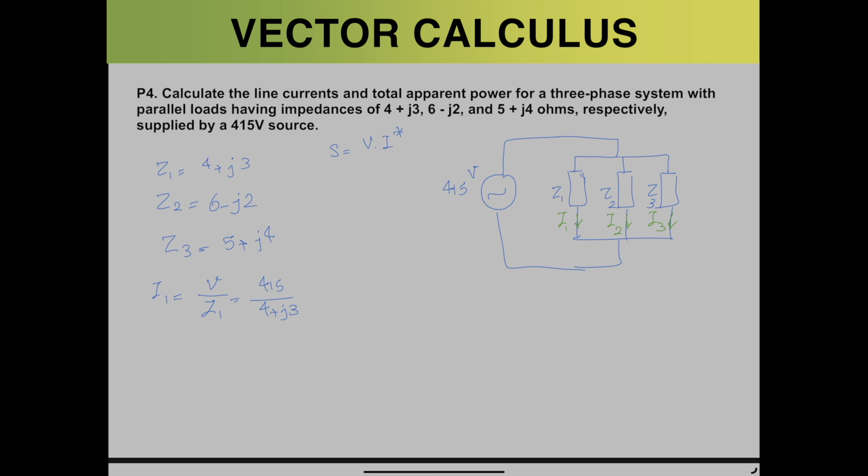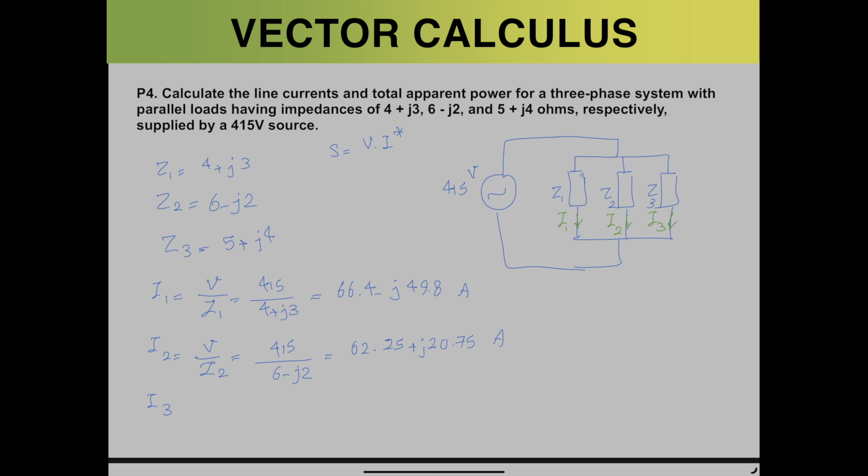And if you calculate this and simplify it, you would get a value of 66.4 minus J49.8 amps. Similarly, I2 becomes voltage divided by Z2, and in this case, 415 divided by 6 minus J2. And if you calculate that, it will be 62.25 plus J20.75 amps.